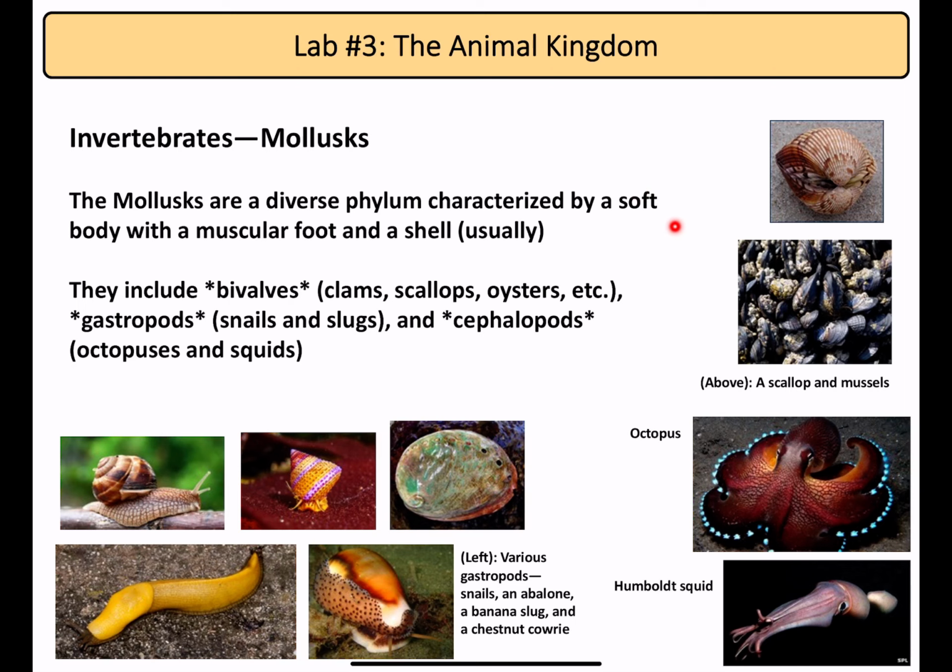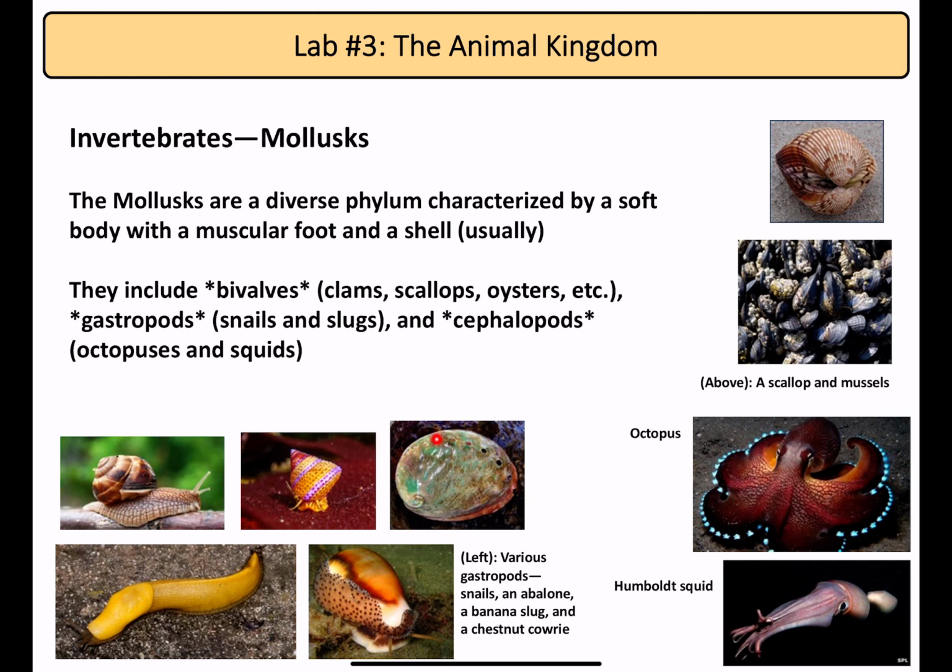And more importantly, what are some examples of mollusks? Well, there are three major groups. The first being the bivalves. These are organisms that have a shell, pretty much. So that includes clams, scallops, oysters, mussels. Secondly, we have the gastropods, which includes slugs and snails.